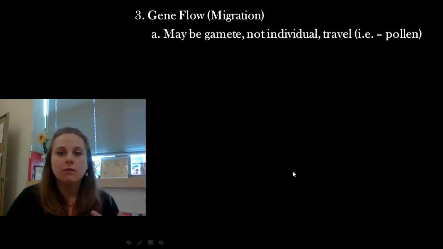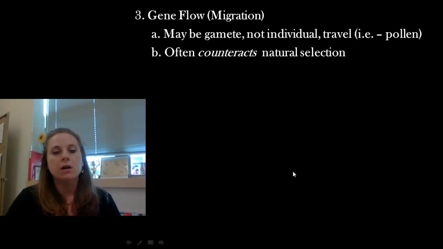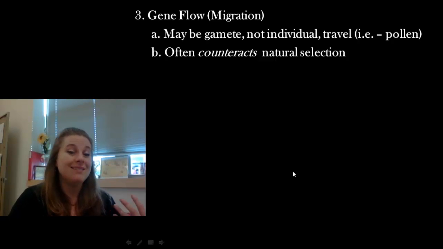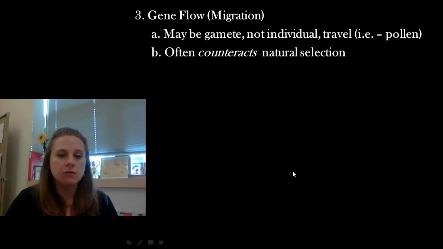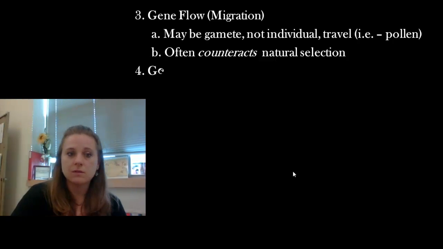So, like pollen, pollen gets spread through the wind, through animals. It's one of the ways that it helps promote its variation. And sometimes this can counteract natural selection because it isn't something that maybe necessarily nature's actually selecting for. It's actually something that you might find is unintentional in essence.